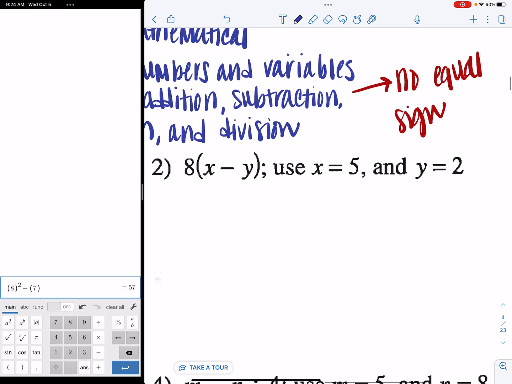So I'm going to look at number 2. Again, I'm going to start by making my holes. When I make my holes, though, I need to make sure that I leave this set of parentheses in place. I don't want to get rid of those. So I need a hole where the x is and a hole where the y is.